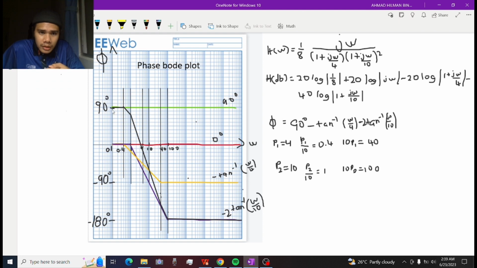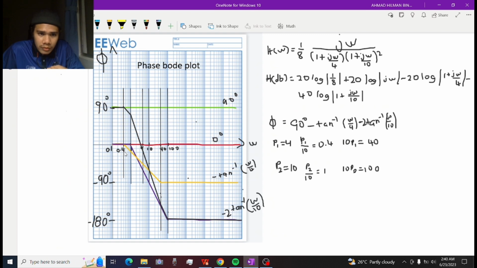There is the green one at 90 degree, we have the yellow one from the simple pole, the purple one from the simple pole too, and the red one from the K. But they are all 0 degree, so we plot a straight line from 0.1 until 0.4 at 90 degree.